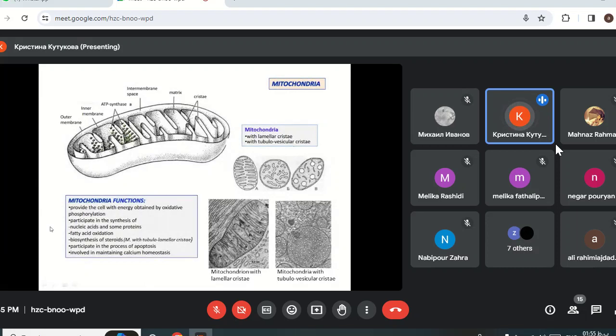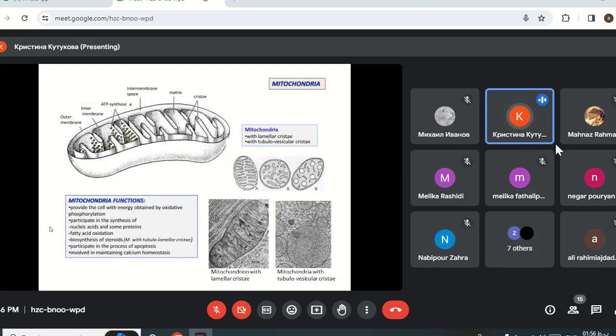So functions of mitochondria include, first, they provide the cell with energy obtained by oxidative phosphorylation. Oxidative phosphorylation means that organic molecules are oxidized, so they are broken down with the help of the oxidation process, and as a result of this process, the energy is released.